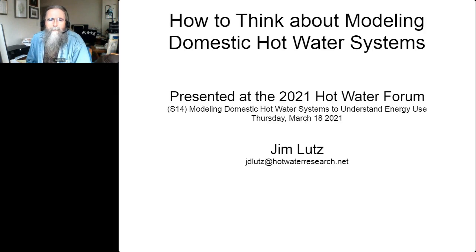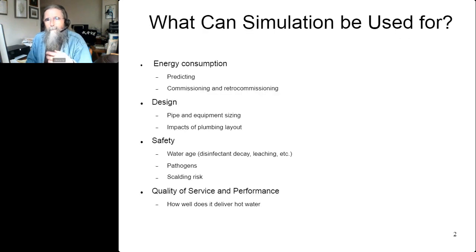So I'm just going to start off with how to think about modeling domestic hot water systems. This is a conceptual talk, but I'm trying to get across what we can do and what's involved. So what can we use simulation for?